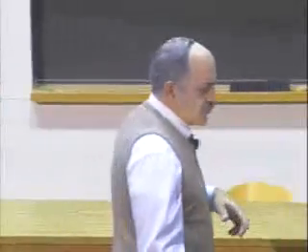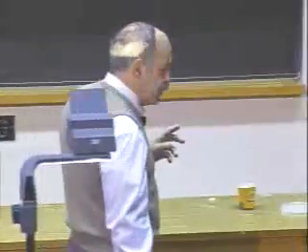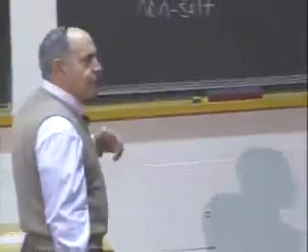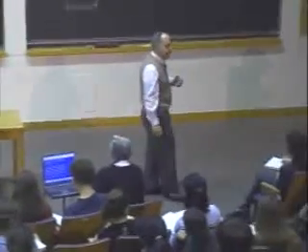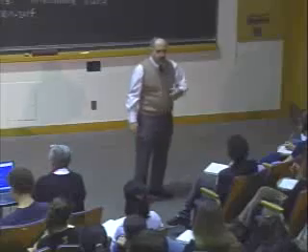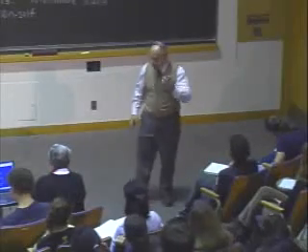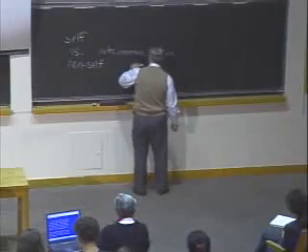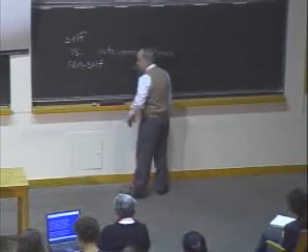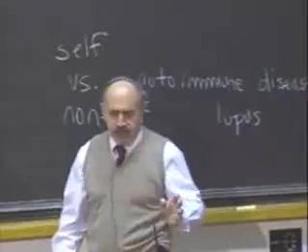Rheumatoid arthritis, which afflicts a large portion of the elderly, happens when the immune system recognizes antigens that are present normally in the cartilage in our joints. Lupus is an autoimmune disease which is often fatal. It happens when the immune system recognizes proteins in many different tissues.